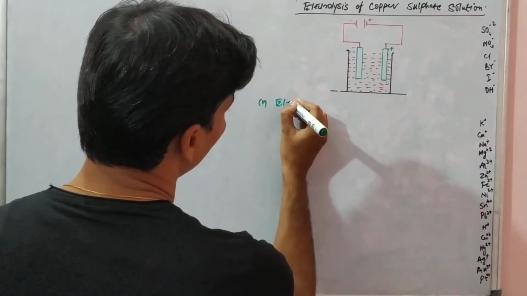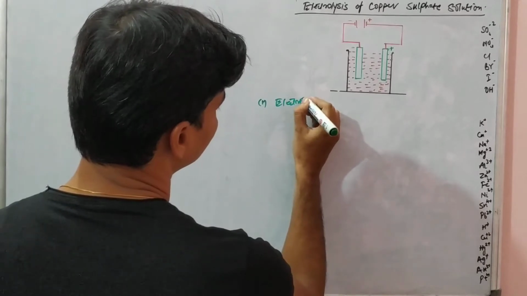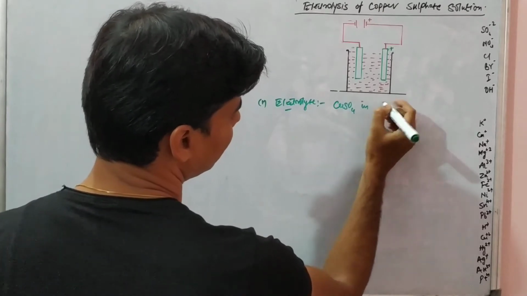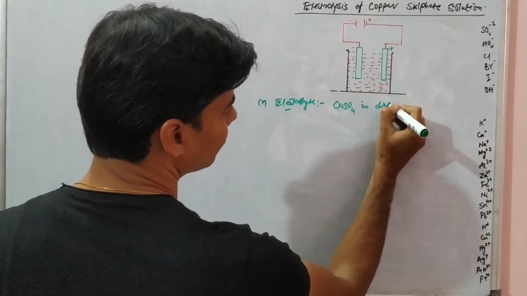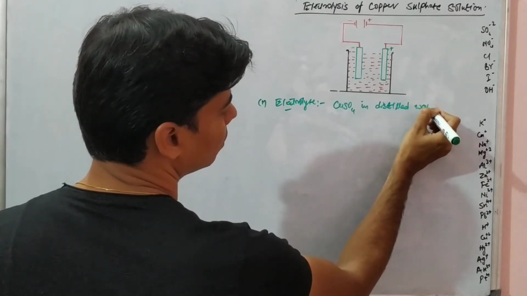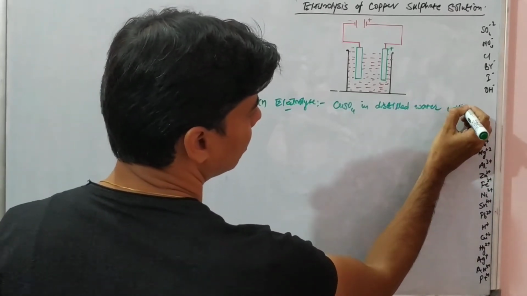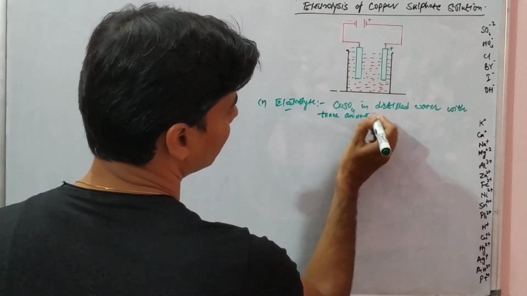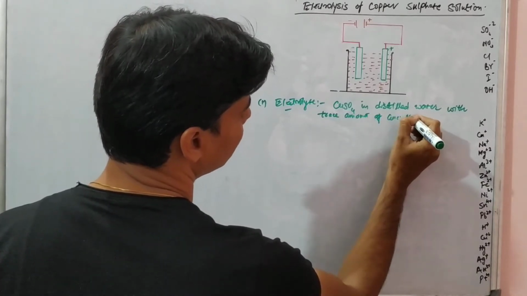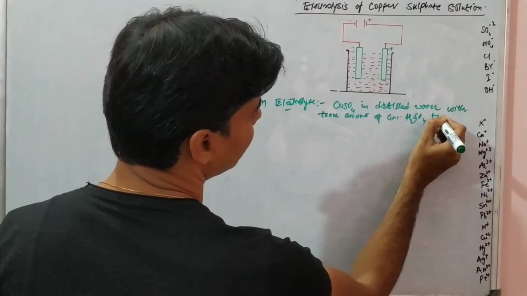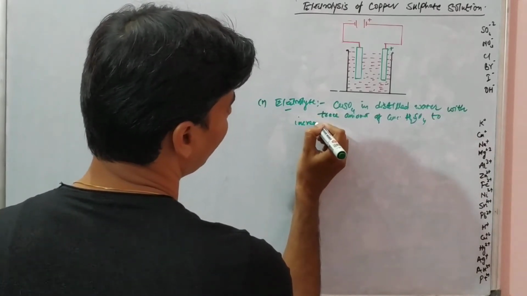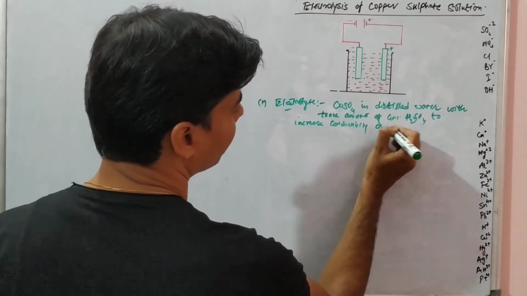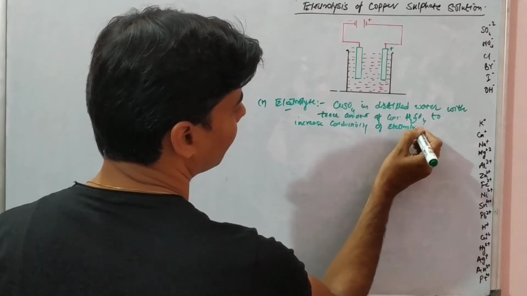First, let's see what the electrolyte is. The electrolyte is copper sulfate in distilled water with a trace amount of concentrated sulfuric acid, to increase the conductivity of the electrolyte.